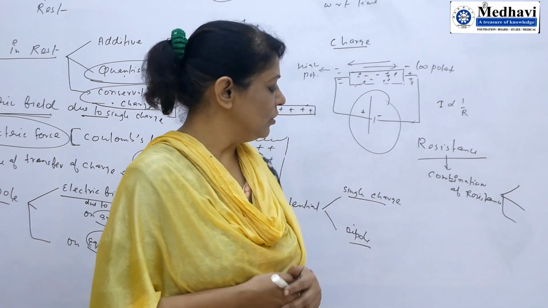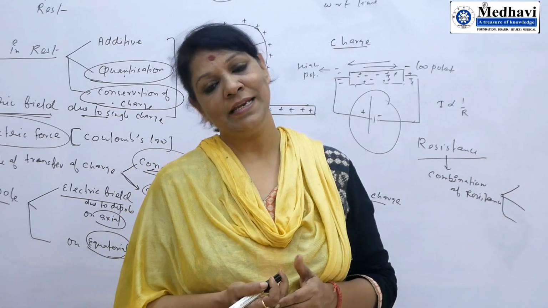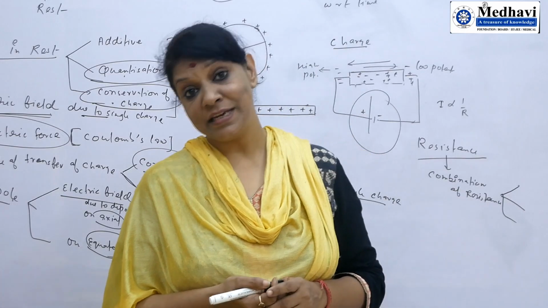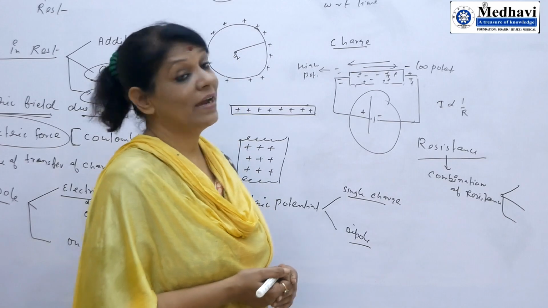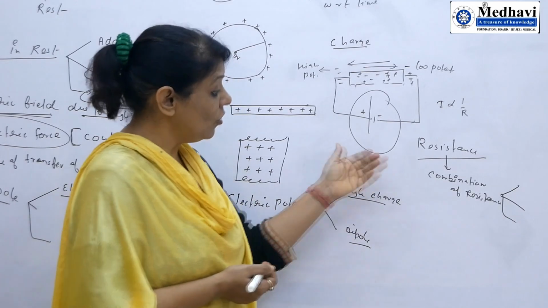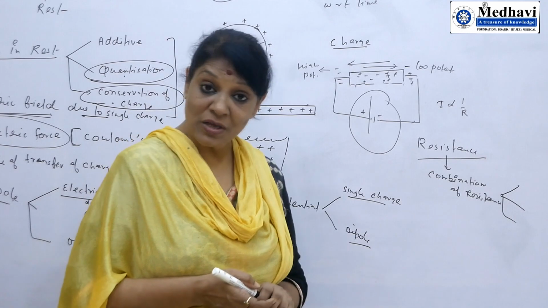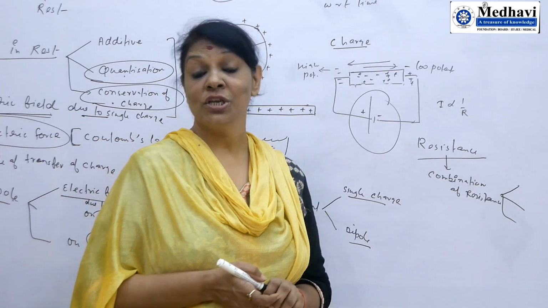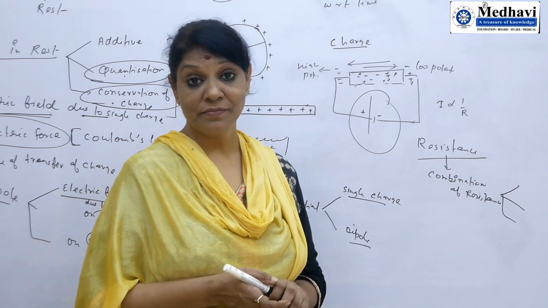But in this video, you just need to know what we are going to study in electricity, what we are going to study in electrostatics, how they are connected, and then magnetic effect of current and electromagnetic induction. We will study the combination of resistance, drift velocity, the relationship with drift velocity, and Ohm's law with its derivation.